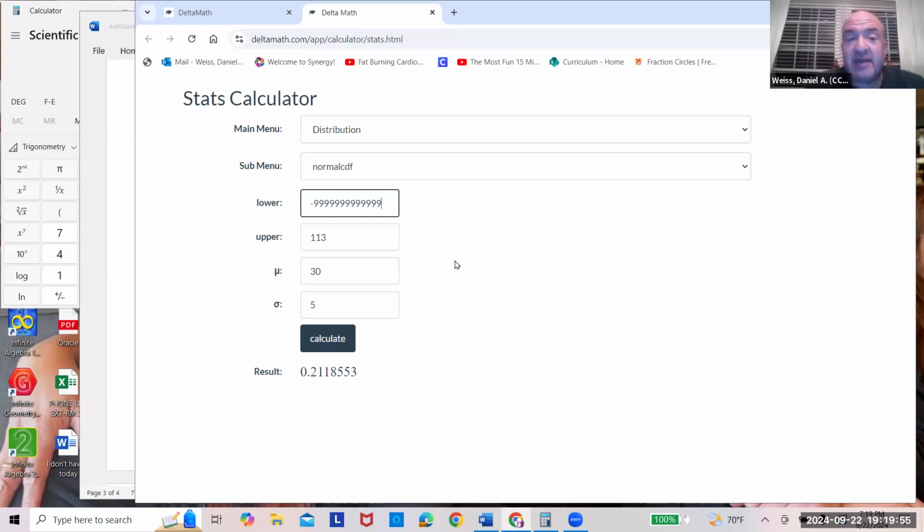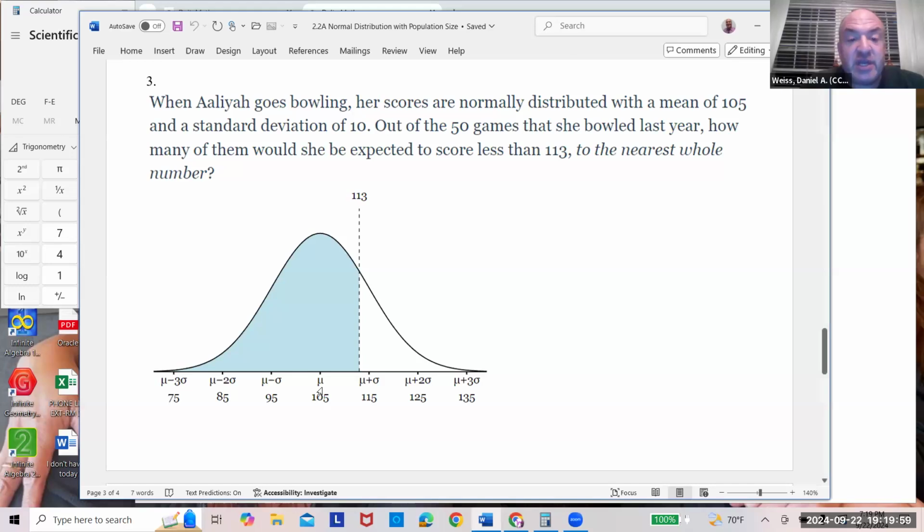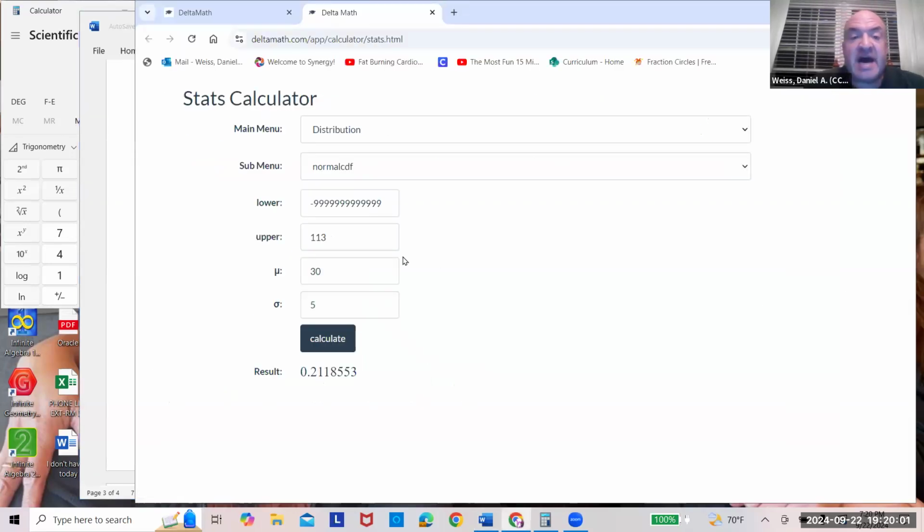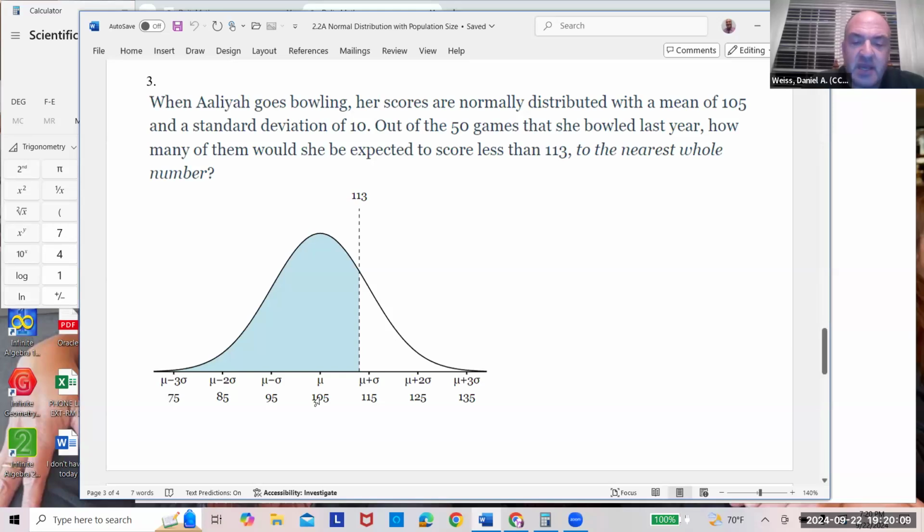If you don't put in the negative, you're going to get messed up. The mean is 105. Okay? 105. And I'm sorry, the mean. Sorry, the mean is 105. The standard deviation is 10.